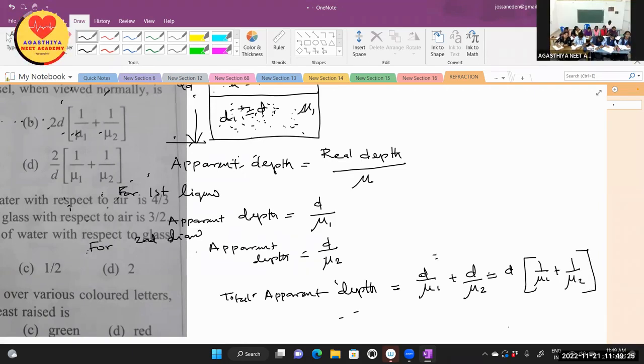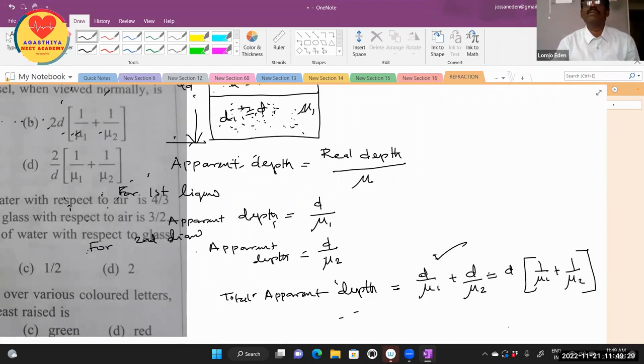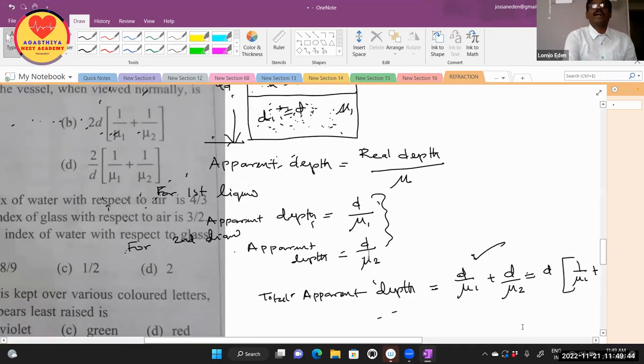Students, see this. We have to add these two values to get the total apparent depth. Take D outside, it becomes D into 1 divided by mu1 plus 1 divided by mu2. Understand?